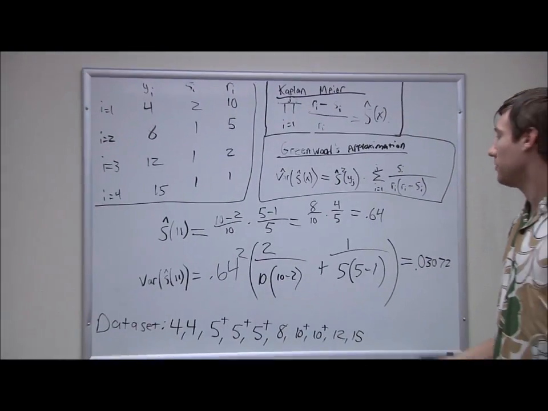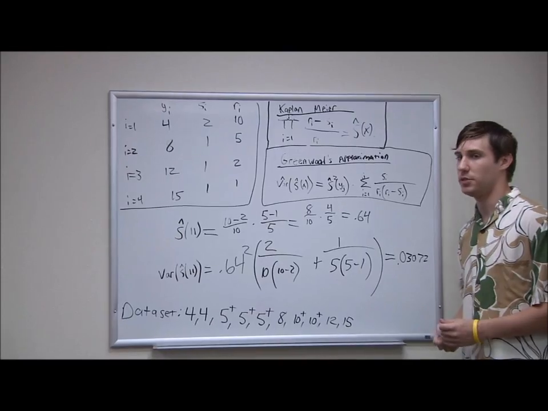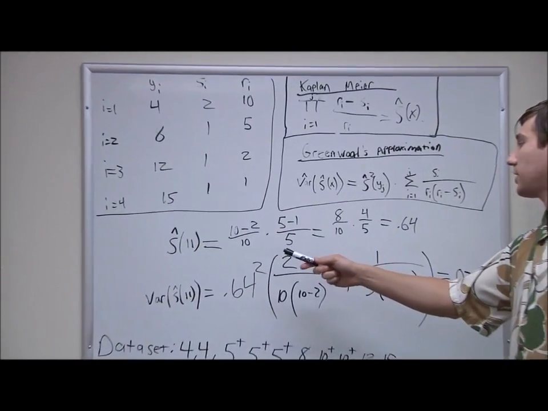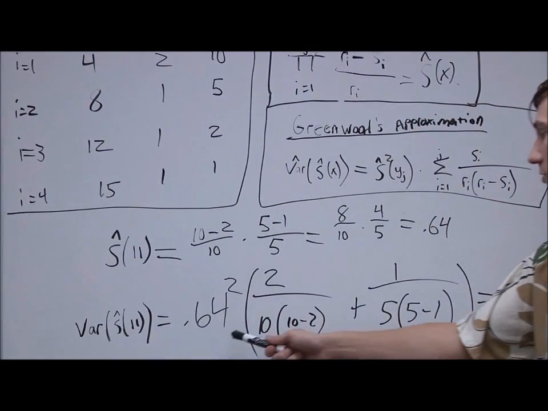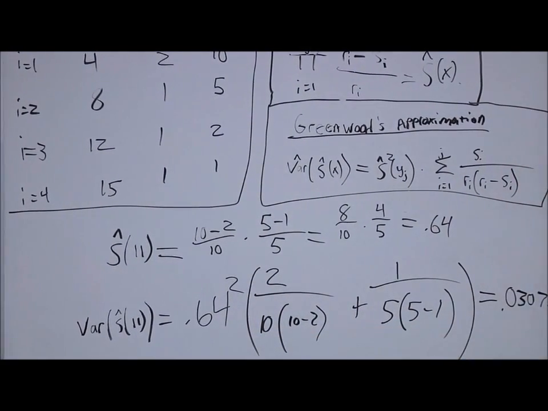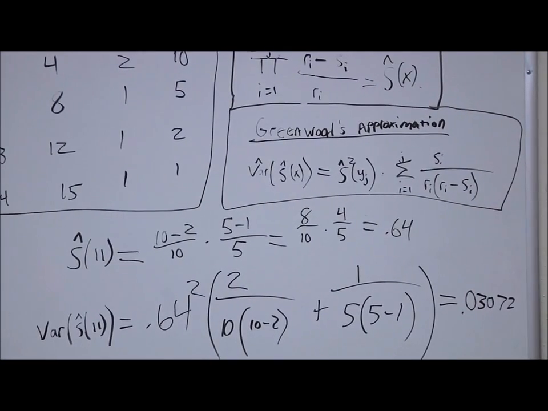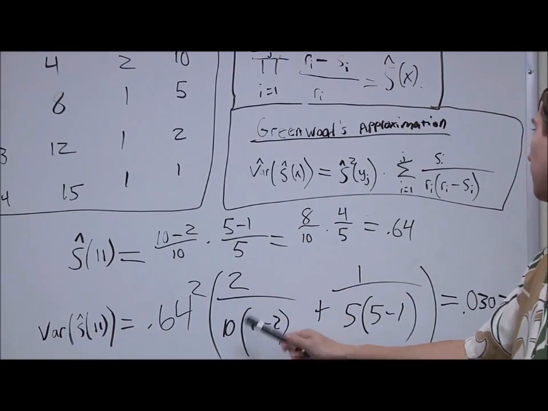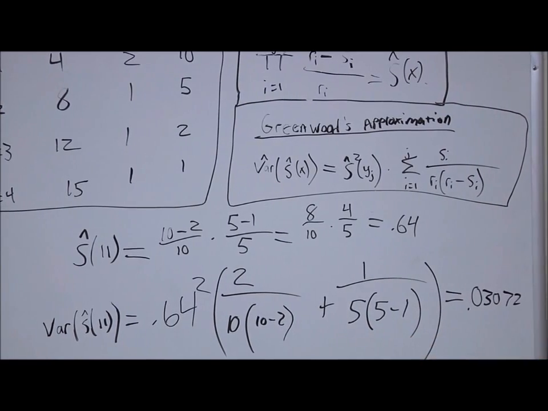And at this point, we did the hard part. We just have to follow the formula for Greenwood's approximation. So the first thing we did, we got the S hat of 11. It's right here. We're going to square it. So 0.64 squared multiplied by the sum of all this. So we have S_i divided by our R_i, which is 10 times 10 minus 2.